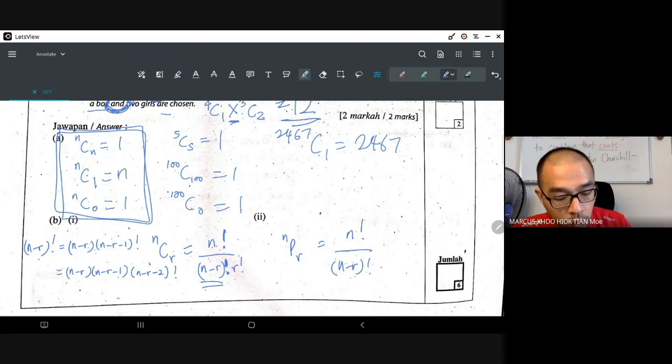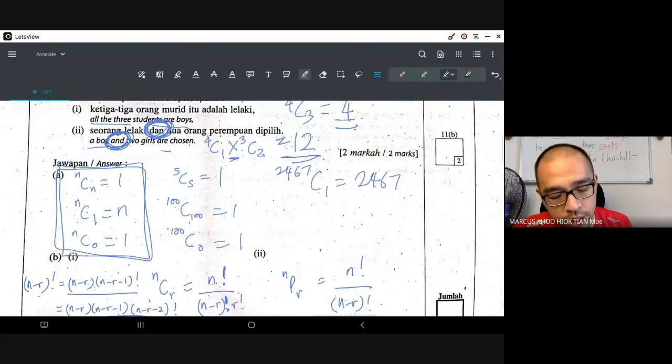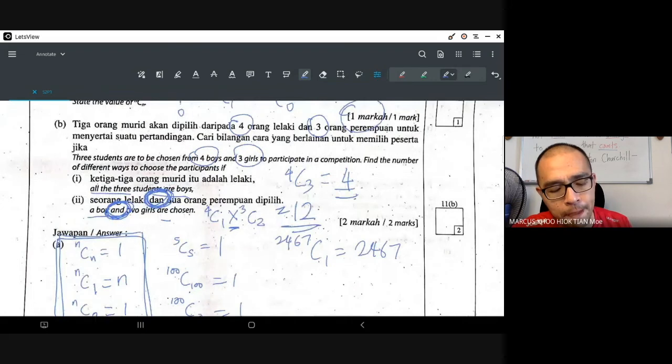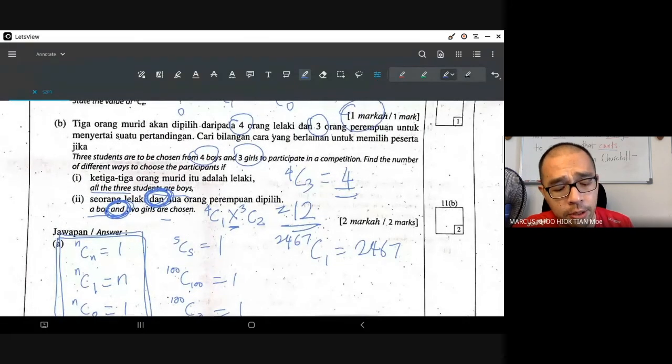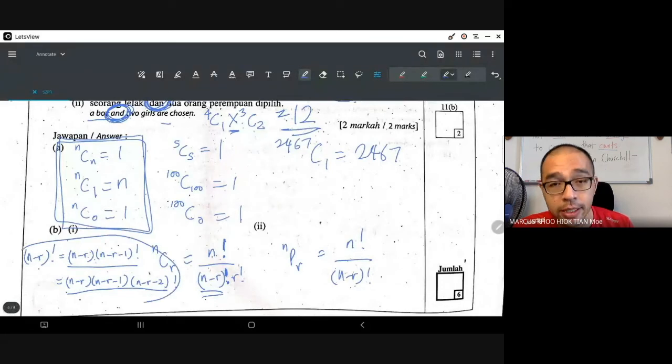Knowing this kind of relation is very important, because if this question comes out in paper 2, I've actually seen it come out in paper 1 also. These kinds of questions have come out in paper 1, where they ask you to cancel.